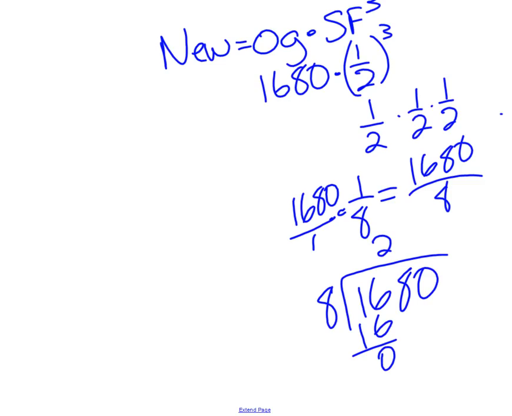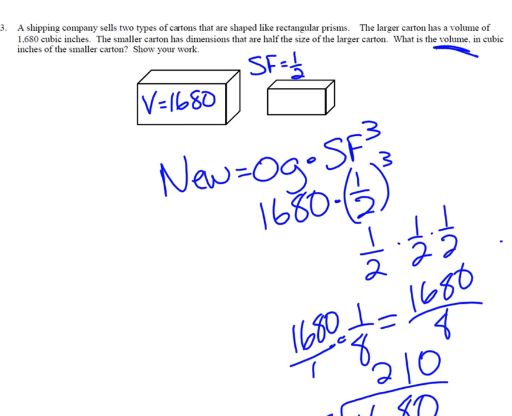That cleans up. 8 goes into 8 once. That cleans up, and we just have an extra 0. So our volume is 210 cubic inches.